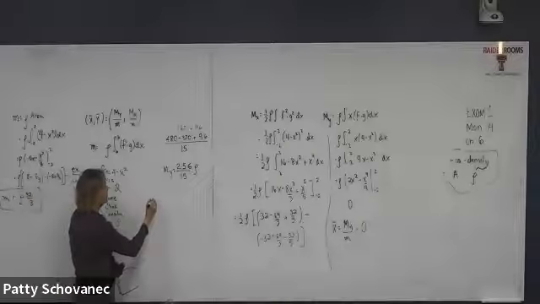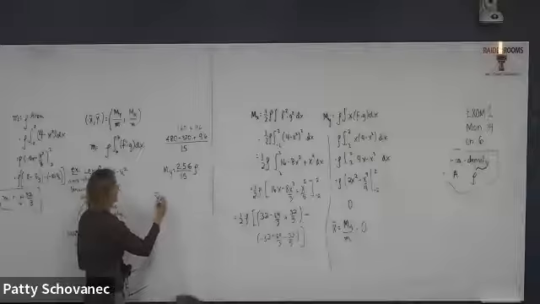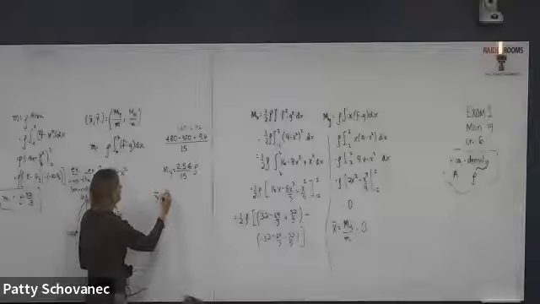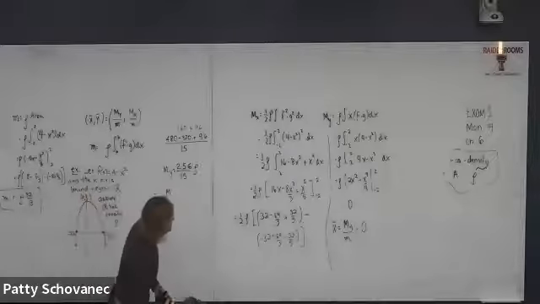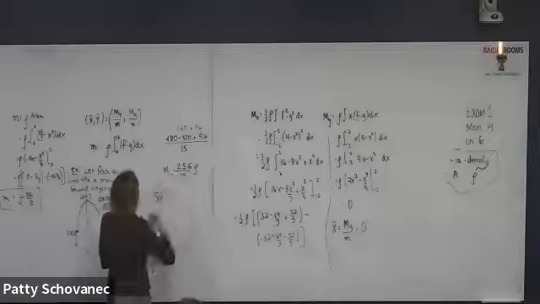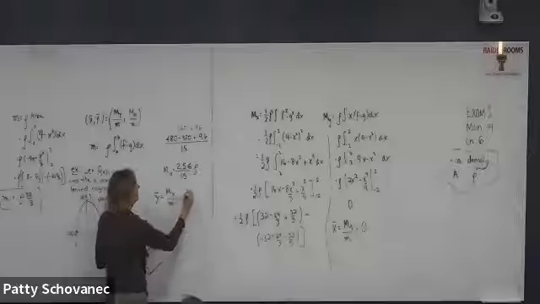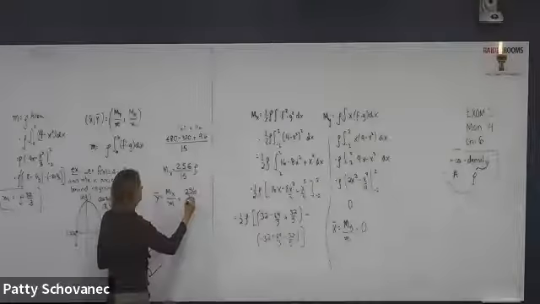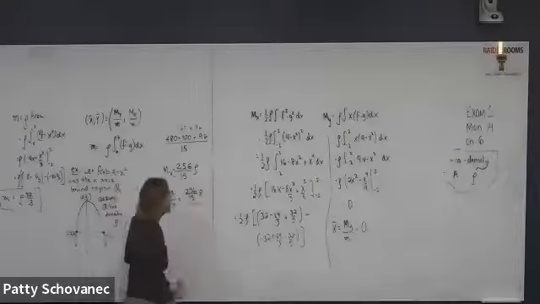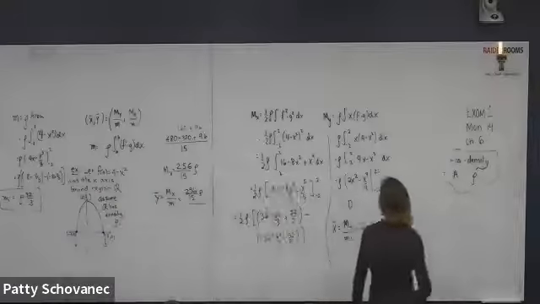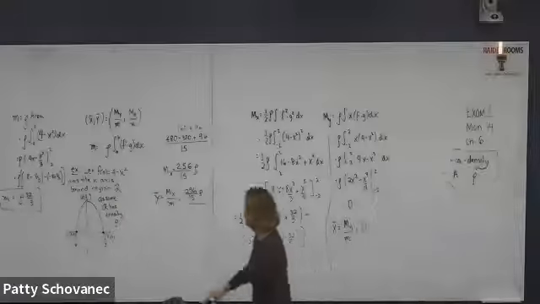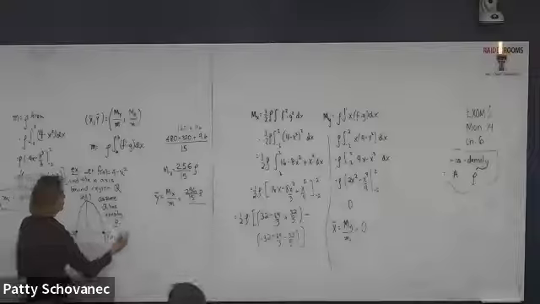And so y bar, the second coordinate of the coordinate pair is, oops, that's Mx. It's Mx divided by m. So I take my 256 over 15 and divide it by my mass, which was 32/3.